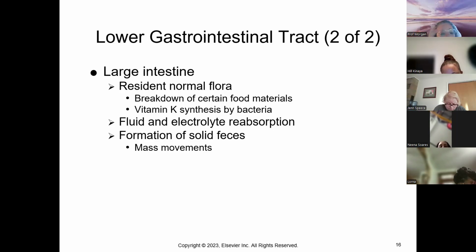It's kind of important to know where these parts of the colon are, because if you're taking care of somebody that has an ostomy, depending on where that's located, you would expect to see different stool output. Like if it's a sigmoid ostomy versus an ileostomy.